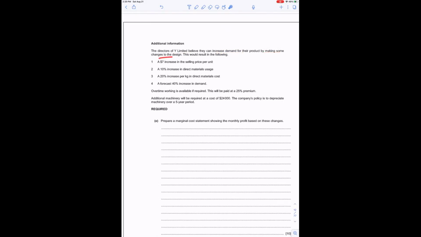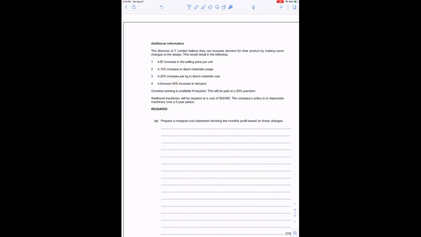If they make changes to the design, they will have a $7 increase in the selling price, a 20% increase per kg in the direct material costs, 10% increase in usage, and the demand would increase 40%.